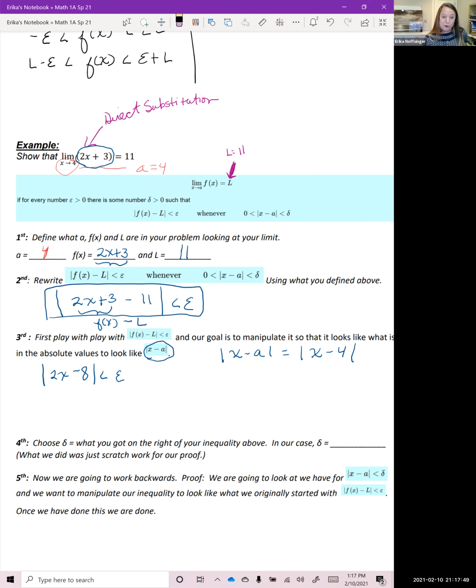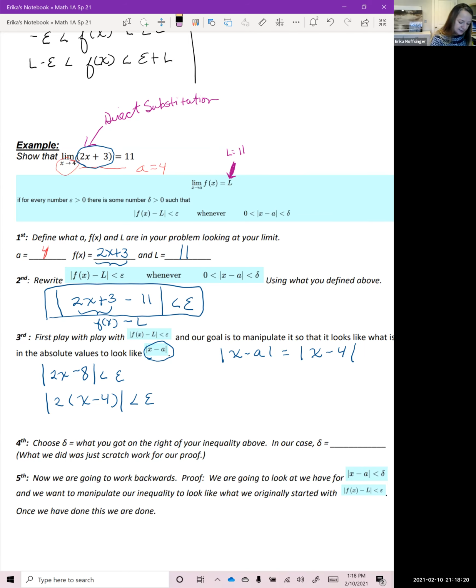So I notice I can almost manipulate this. Notice that if we factor out a 2 from inside that absolute value, this could be rewritten as 2 times the quantity x minus 4, and our absolute value is less than epsilon. Well, 2 is a positive number, so it doesn't matter if I leave that inside the absolute value because it's multiplication in between, or I can pull it out.